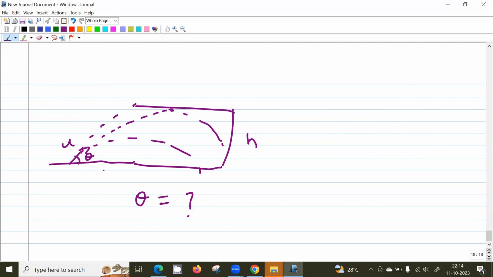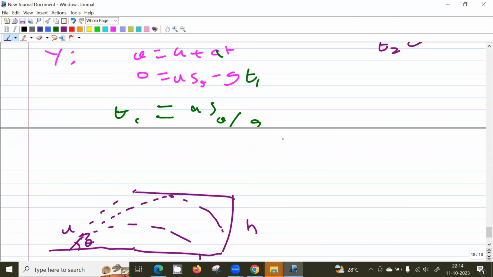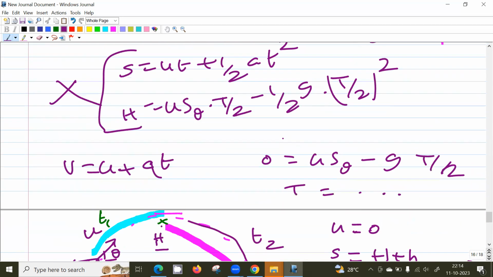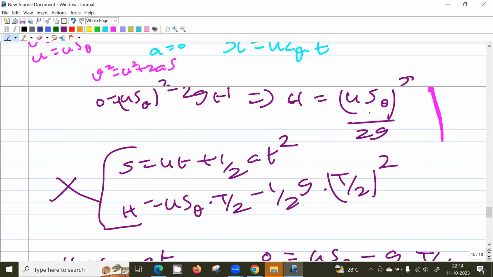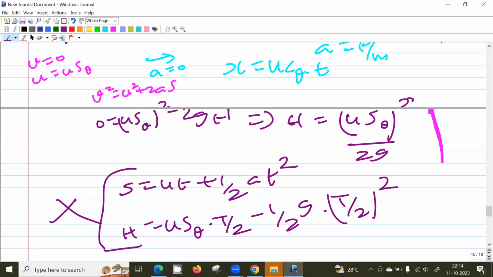Because u is given, theta I can find such that the maximum vertical height is this value h that is given. If you use the same formula for h, u is given, theta I have to find out. Everything is known. So h is given, which is the height of the room, and u is given, and g is known. So from that I can find sine theta.